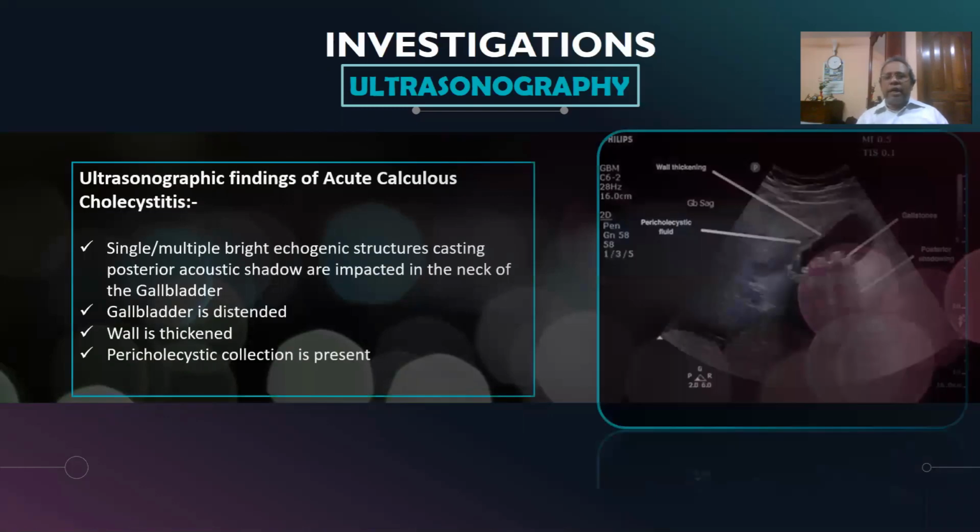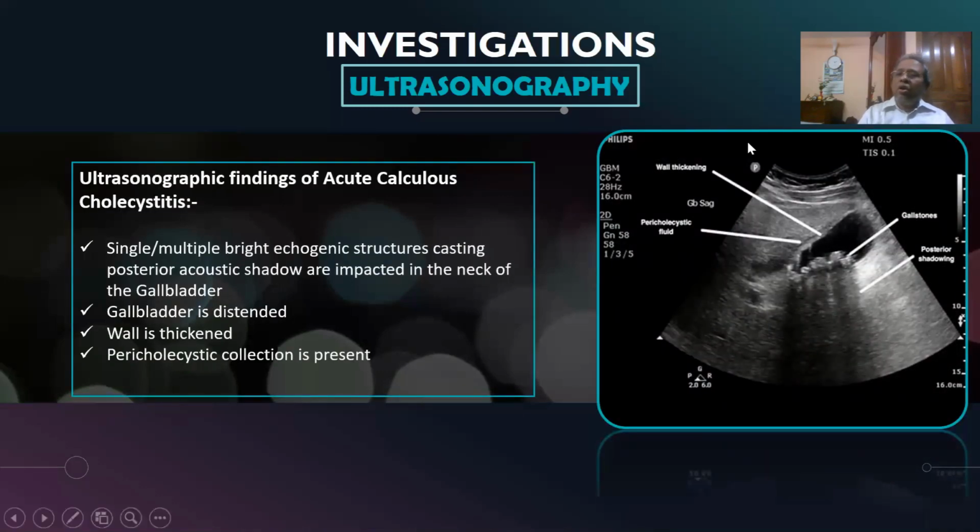Another important thing is, look at the picture, there is an echogenic structure. Always remember it is an echogenic structure there. So that echogenic structure has some shadows there. But if you look in the other picture, sometimes there is a clean cut echogenic structure seen within the lumen, but there is no shadow.